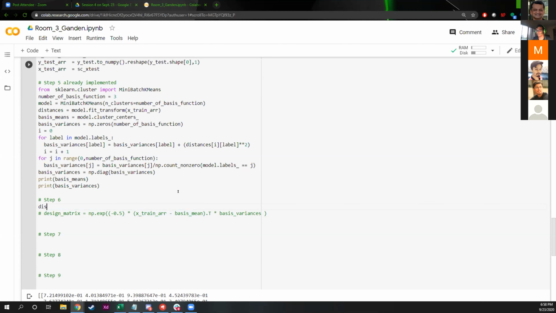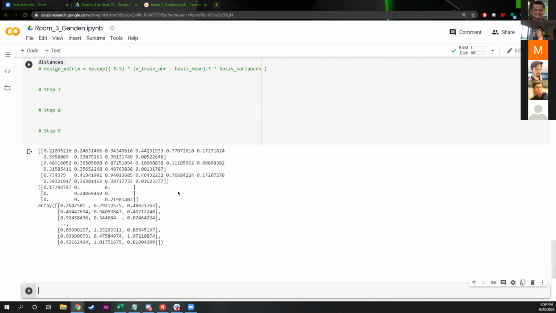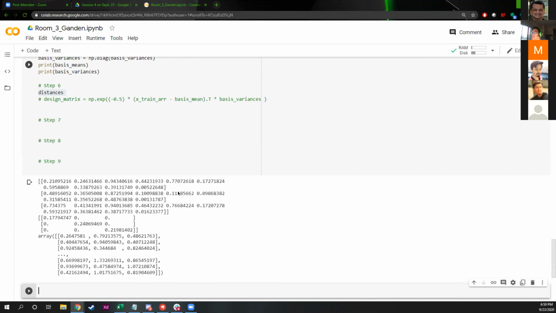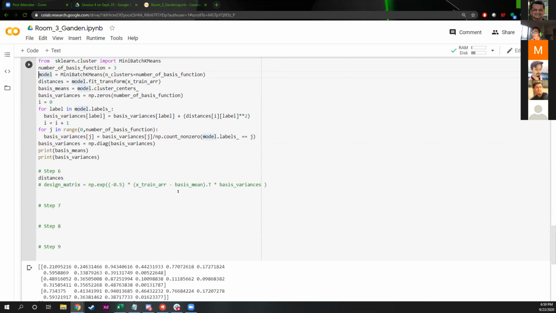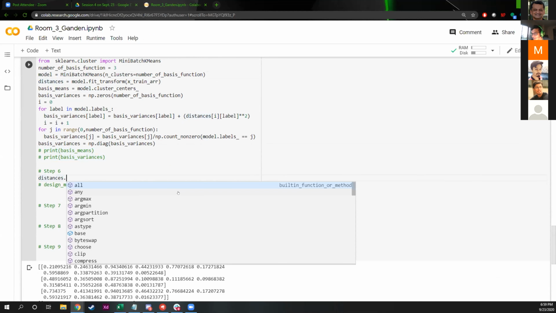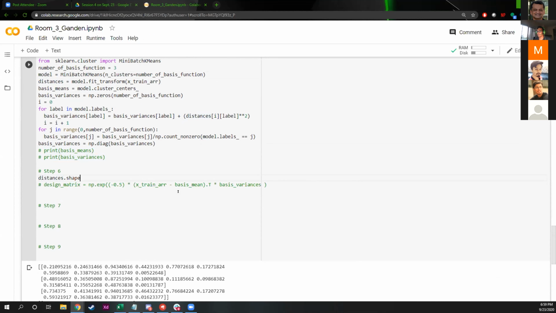Distances, the shape and the first few columns. Print distances dot shape. Can you spell that? S-H-A-P-E. Okay.